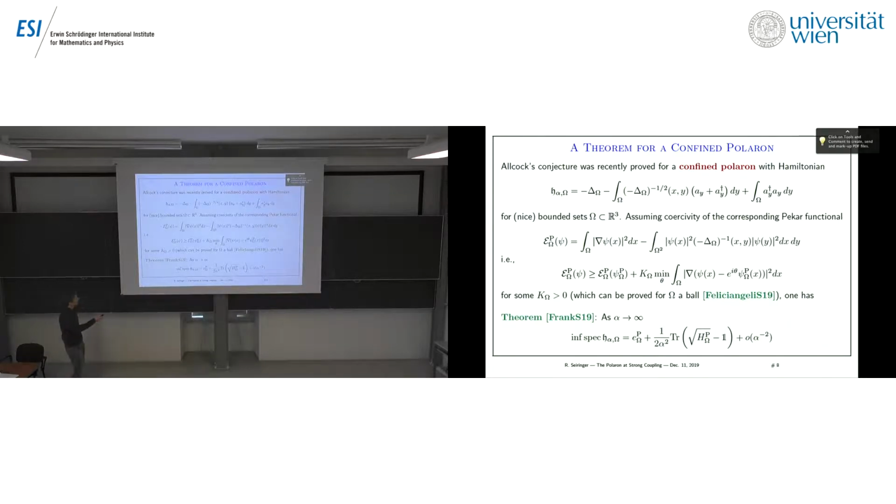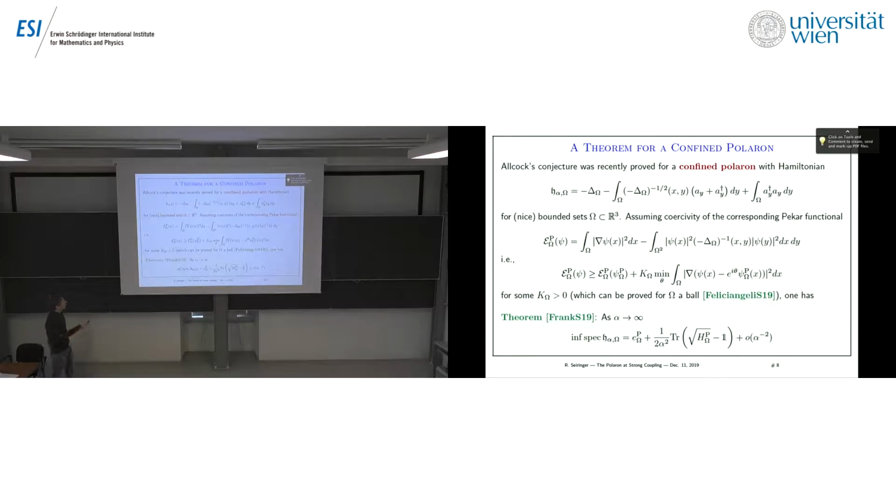So there's a theorem which was proved jointly with Rupert Frank a bit less than a year ago, where we can establish indeed that if we look at the ground state energy of this Fröhlich Hamiltonian, the alpha, again, I recall in this notation, the alpha is not apparent in the Hamiltonian because the alpha is in the commutation relation. 1 over alpha squared is the effective Planck's constant as far as the quantum field is concerned. So the commutator between A and A dagger is 1 over alpha squared.